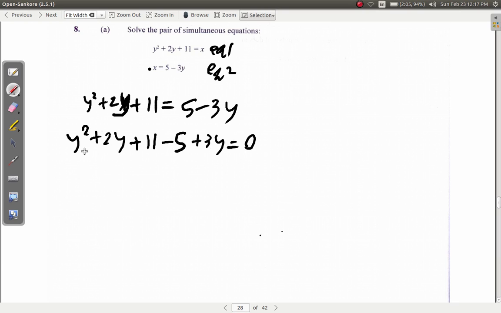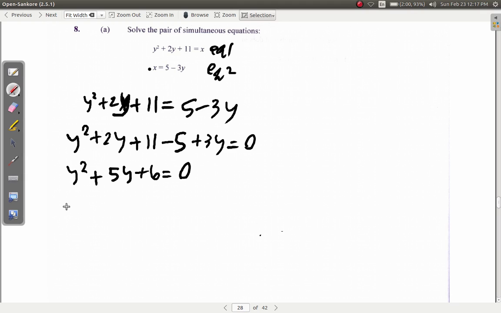Let's put all the y's together. You have y squared plus 2y plus 3y would give you 5y, plus 11 minus 5 would be 6, equal to 0. Alright, now what you have is a quadratic equation to solve.